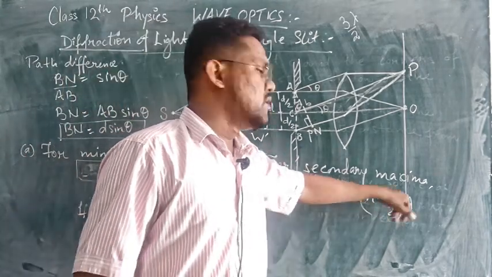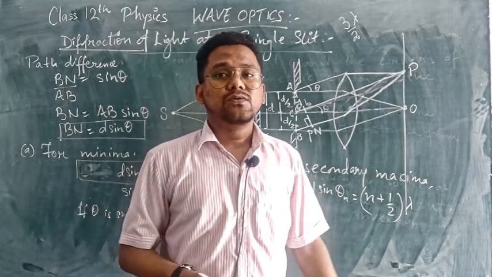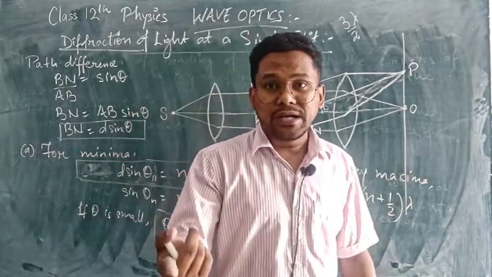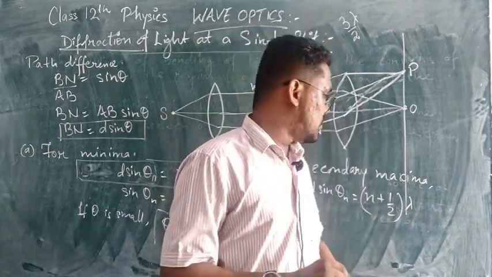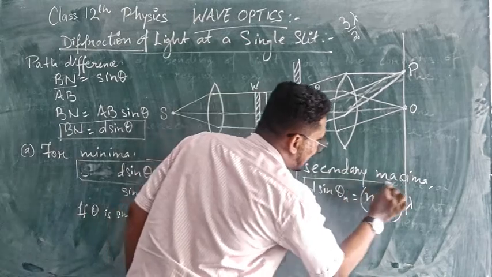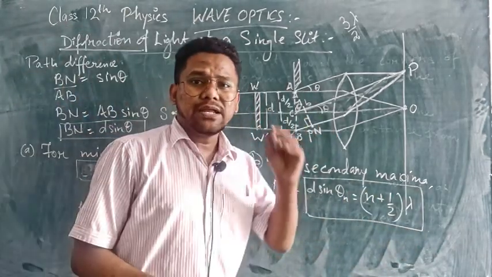Take n as 0: half lambda, an odd multiple of lambda by 2. Take n equal to 1: 1 plus half, 3 by 2, an odd multiple of lambda by 2, and so on.